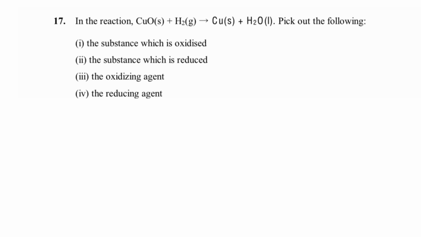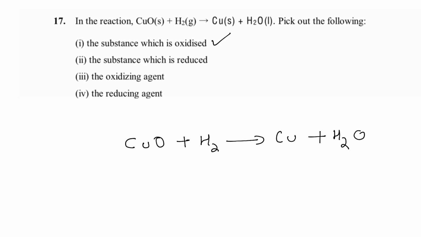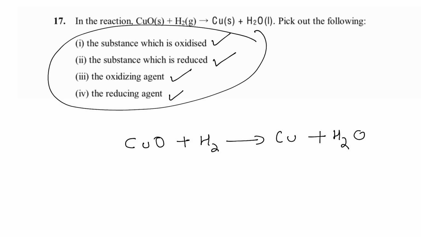In the reaction CuO plus H2 gives Cu plus H2O, here you are supposed to identify the substance which is oxidized, the substance which is reduced, the oxidizing agent, and the reducing agent. Remember one important point: for this type of question, all your answers come from the reactant side.